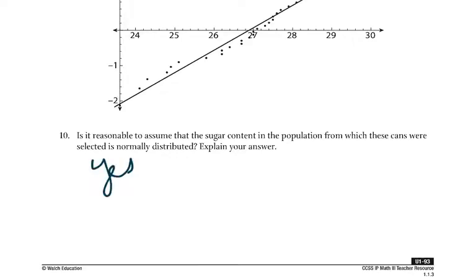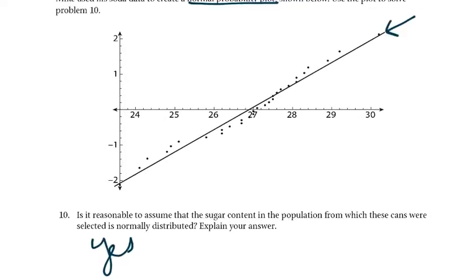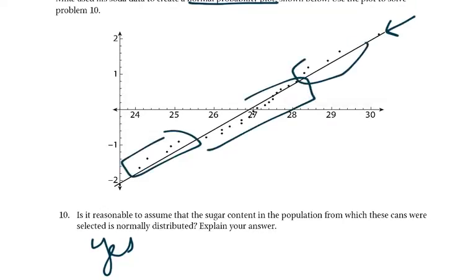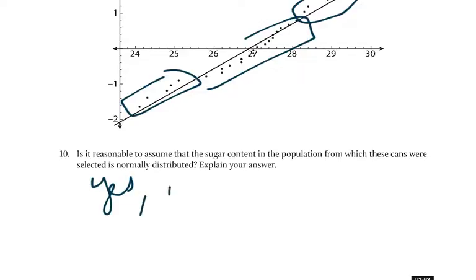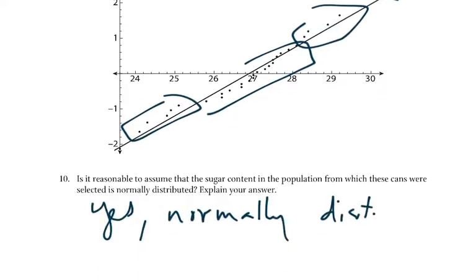Yeah. Because looking at this plot, the numbers are so close to the line that yes, it's going to be normally distributed. If we made a histogram of that, we'd be able to see that curve right there.